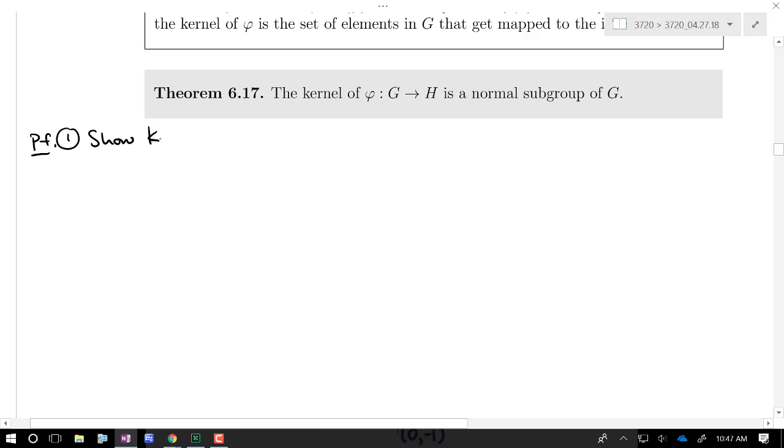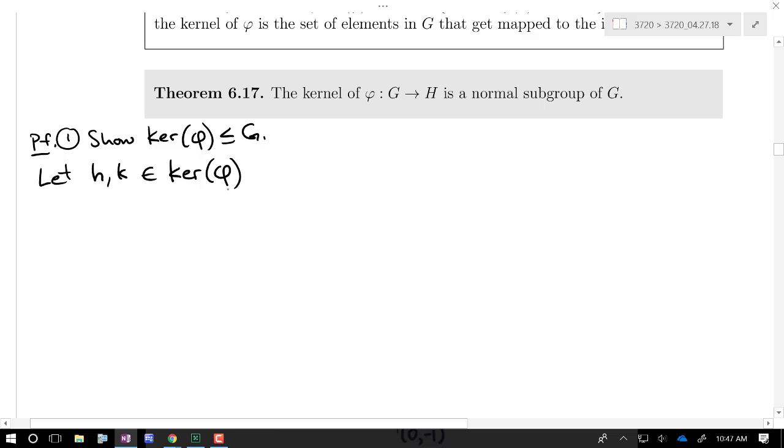So we're going to show that the kernel of phi is a subgroup of G. And again, we can use that subgroup criterion. So what I'm going to do is just pick a couple of elements that are in the kernel. Let's suppose that H and K are elements of the kernel of phi.